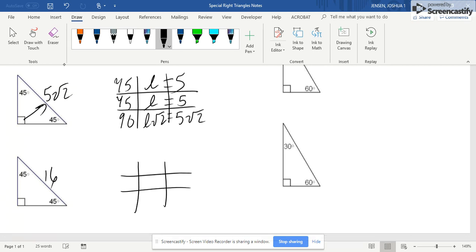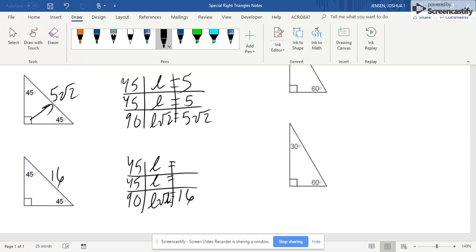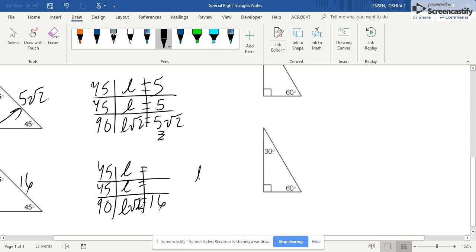Again, we set it up: 45, 45, 90, L, L, L square root 2. Each of these is equal to whatever's over here. So we have L square root 2 being equal to 16. It's not quite as simple as the previous one where L was just what was in front of the square root of 2. Now we have L square root of 2 is equal to 16.